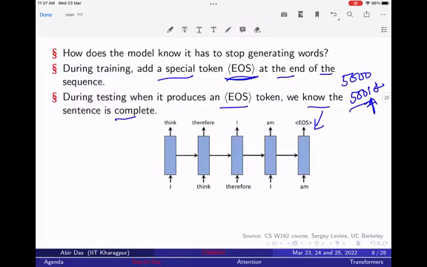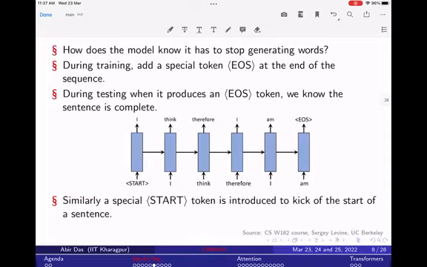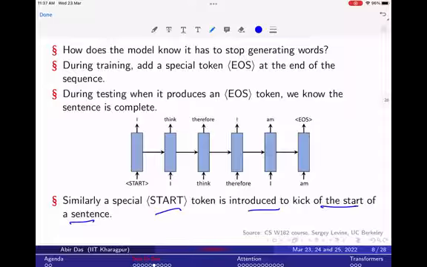Now, similarly, a special start token is introduced to kick off the start of a sentence. You can always just find the frequency distribution of the first words of all the sentences, and from that probability distribution sample one word, and that can kick off your sentence generation process.